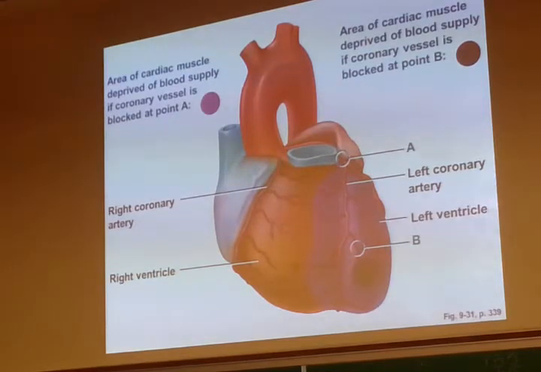If you have a blockage that is way up here before you get to the circumflex, the diagonal, and the descending, you got big trouble because that whole left side of the heart is now not getting blood efficiently.